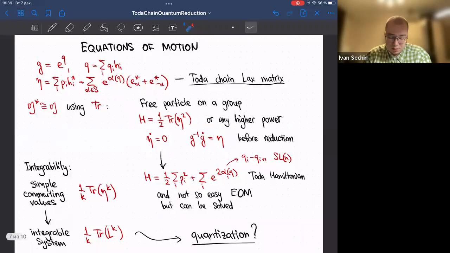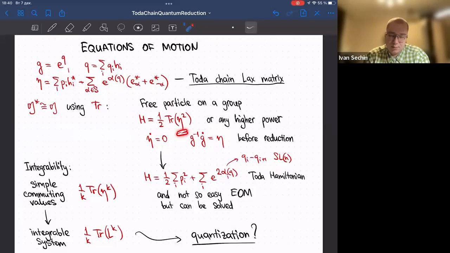Well, and now how we can use it, for example, for solving Toda chain equations of motion. Here we obtained that eta becomes Lax, and let's consider a free particle on a group with this Hamiltonian.